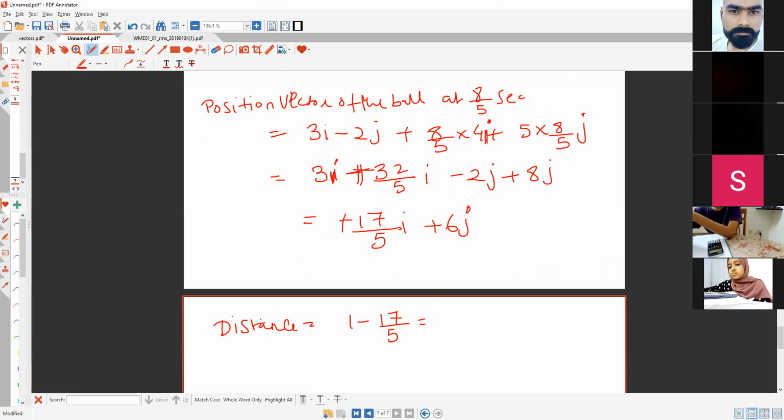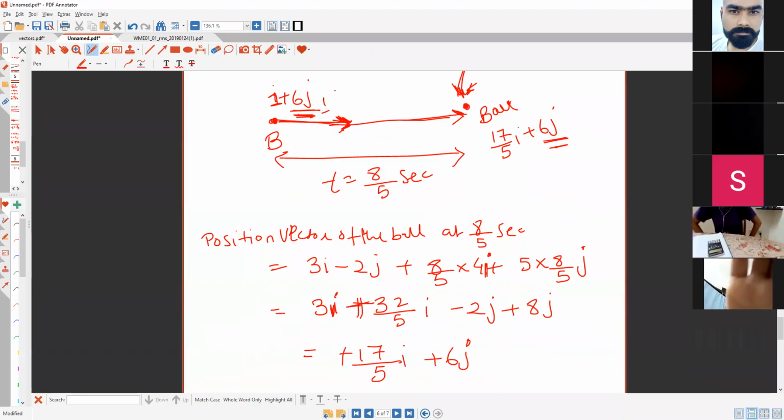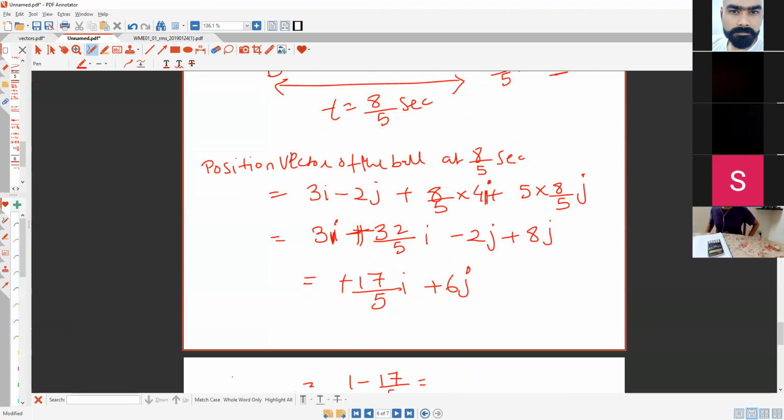For example, let's talk about displacement, not distance, displacement. The displacement traveled is this minus this. All of you understood? That is the displacement traveled by the boy at 8 by 5 seconds.